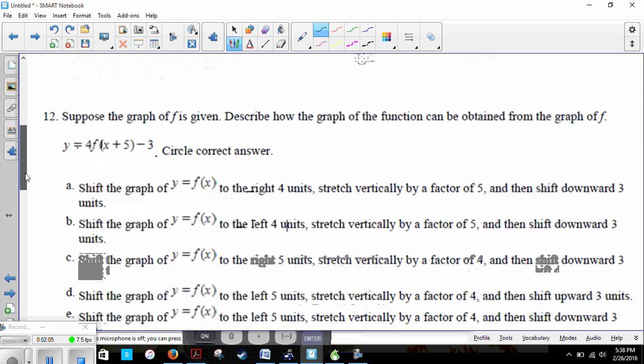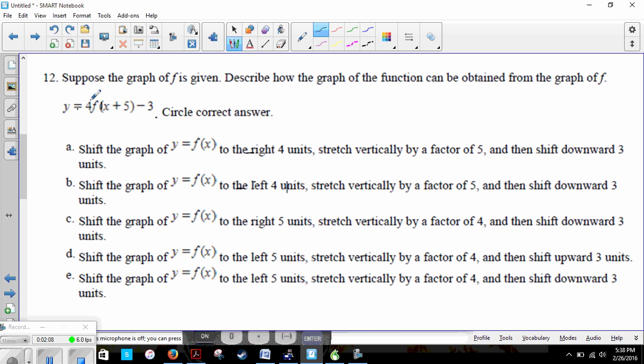Number 12 says you have y equals 4 times f of x plus 5 minus 3. How can you get the graph of the function if I gave you just f? Well, it doesn't really matter what f looks like or what f is.